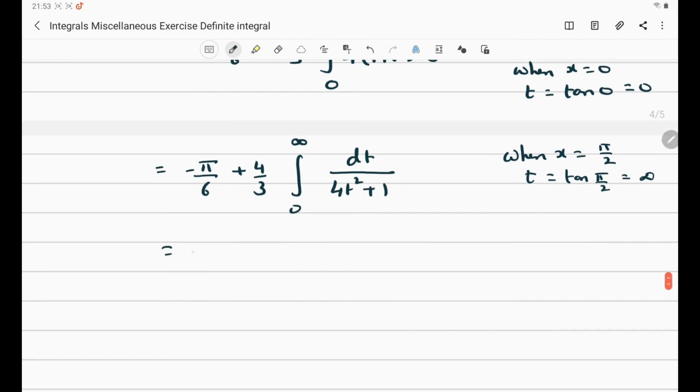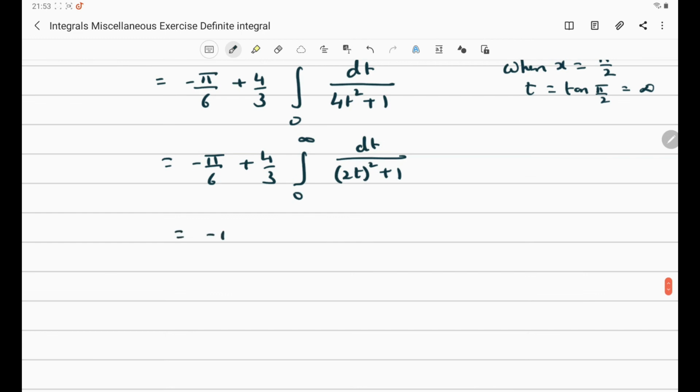So we can write it as minus pi by 6 plus 4 by 3 integral from 0 to infinity dt divided by, we can write 4t square as 2t whole square plus 1, that is minus pi by 6 plus 4 by 3 into, this is in the form of 1 by x square plus a square, which is 1 by a tan inverse x by a. 1 by x square plus a square dx can be written as 1 by a tan inverse of x by a plus c.